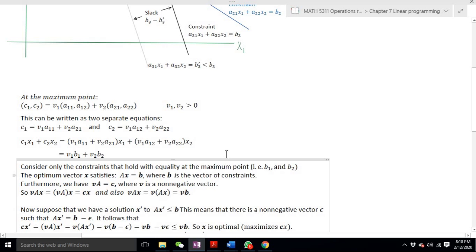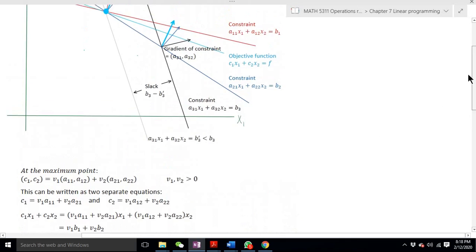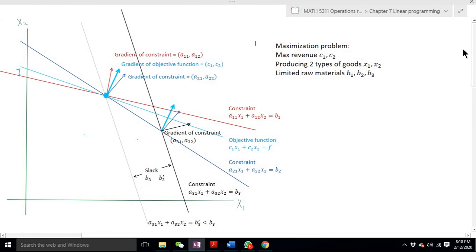All right? Now we also had an expression for the gradient in terms of the two gradients of the constraints. You have this gradient of the first constraint, gradient of the second constraint. And we said the gradient of the objective function is a positive linear combination of these two gradients.